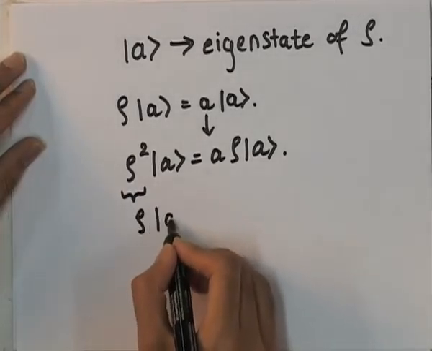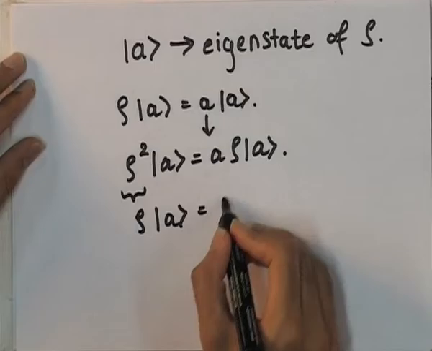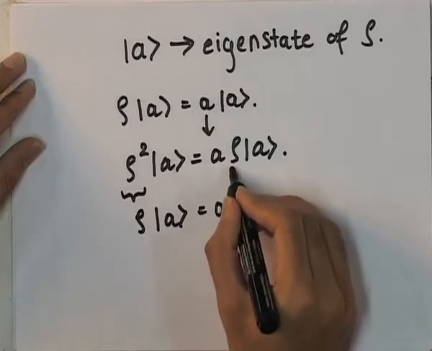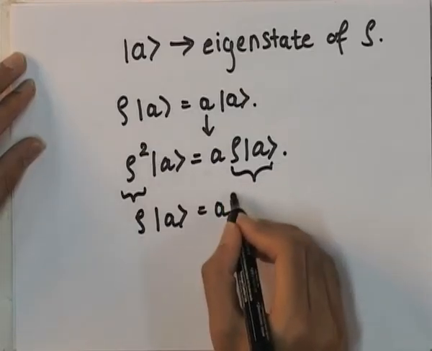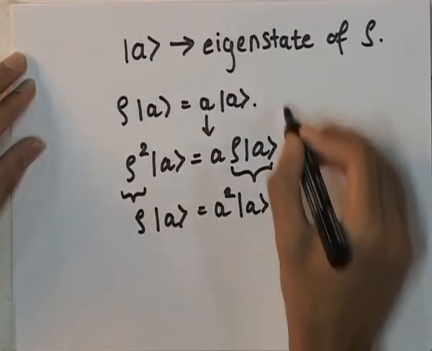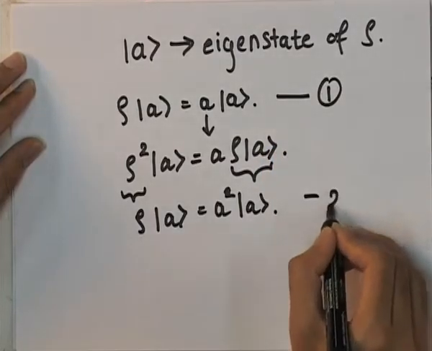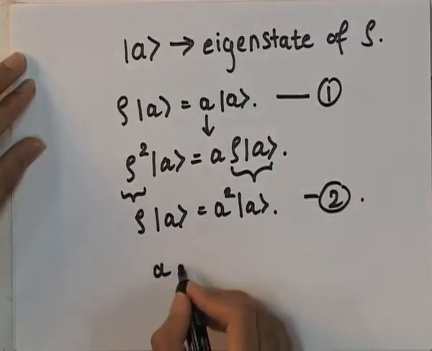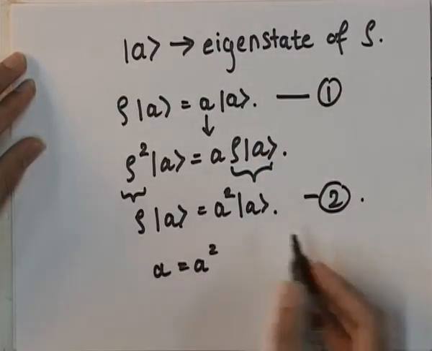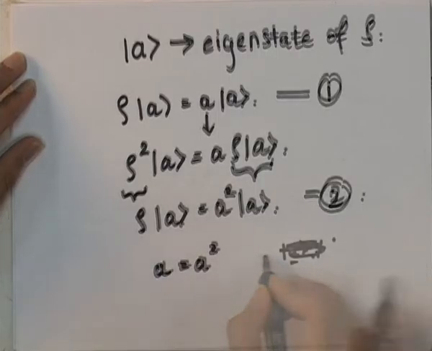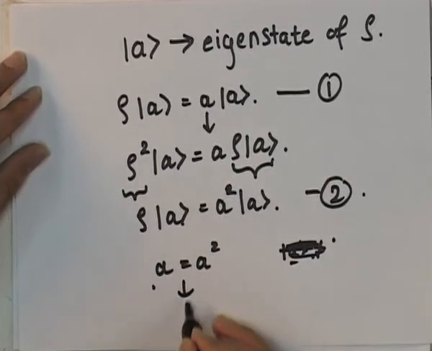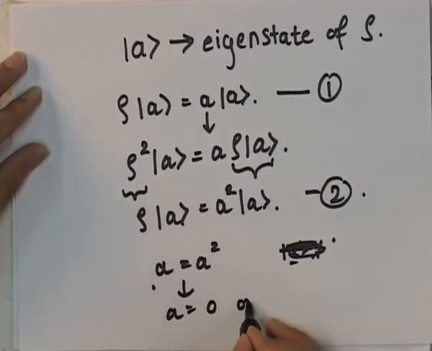So rho times A is equal to a times rho of A. But rho of A is equal to a times A, so we get a squared A. If we compare equations 1 and 2, we get that a is equal to a squared for non-trivial states A. So either a is 0 or a is equal to 1.